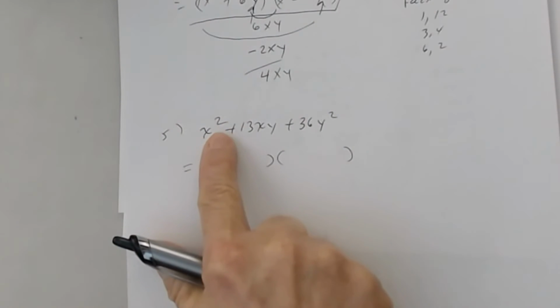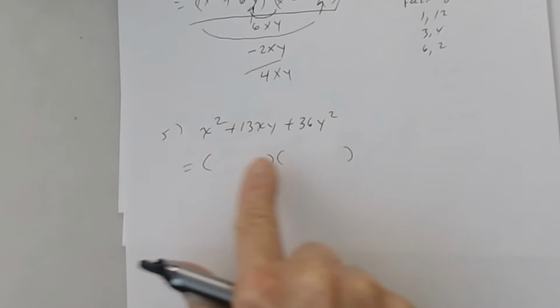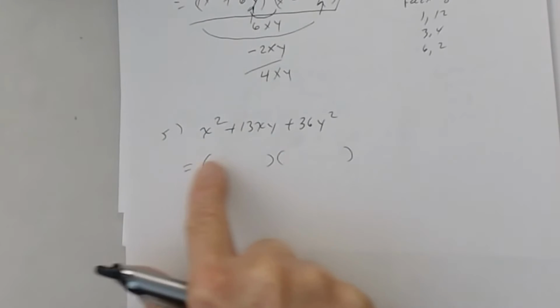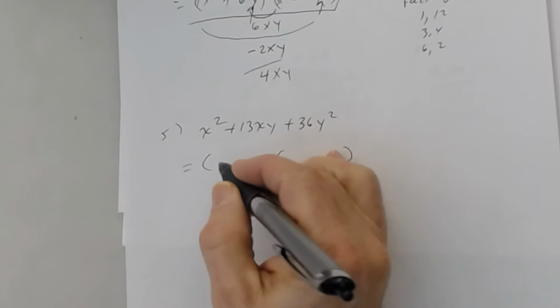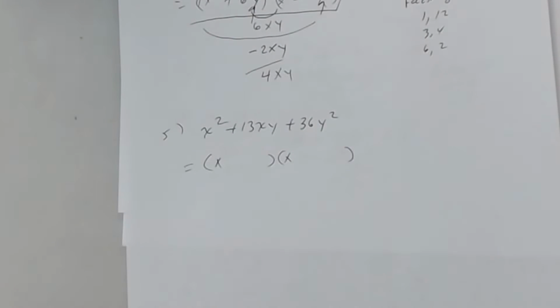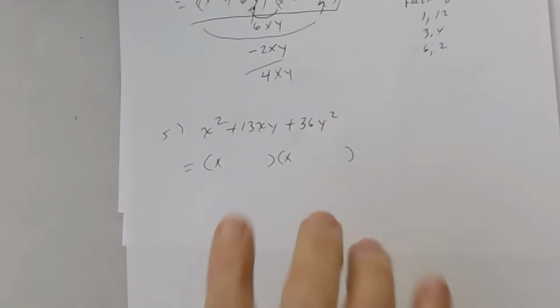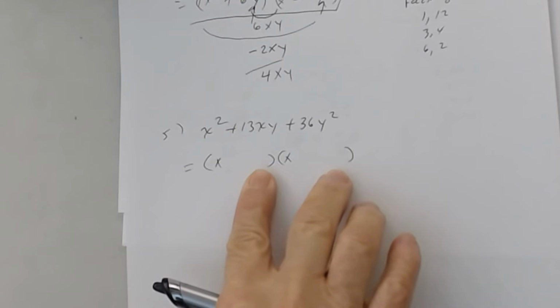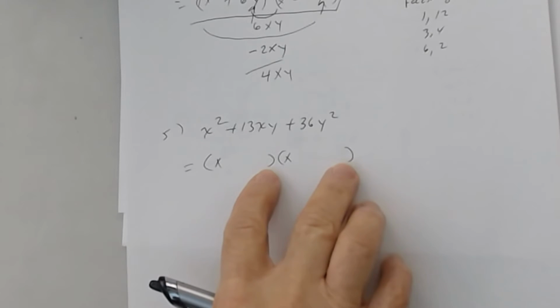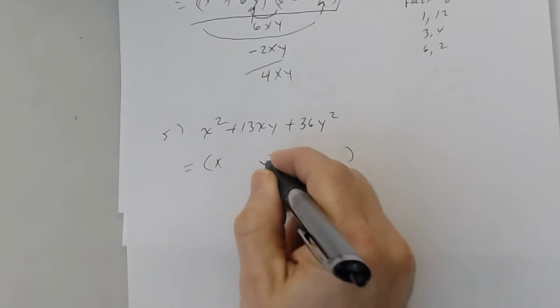Now this is an x squared right here. The first term is x squared, so that makes this part easy. What should be the first terms of each binomial? X. All right. In terms of the y squared, then the last terms of each binomial better have y's.